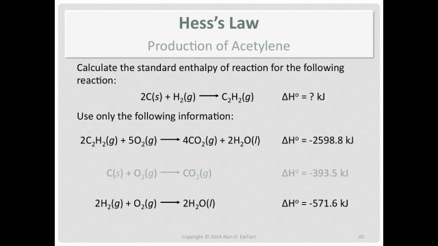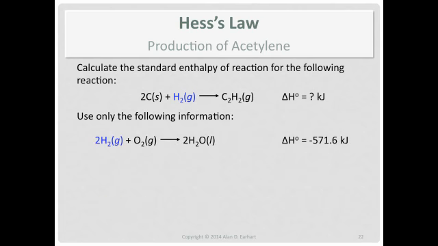What to do next? I'll go for the H2 gas, and then we'll do the acetylene last. The bottom equation has H2 gas in it. So let's work with that one. Now H2 gas, I want it to be a reactant. It's a reactant. Good. But I only want one of them.